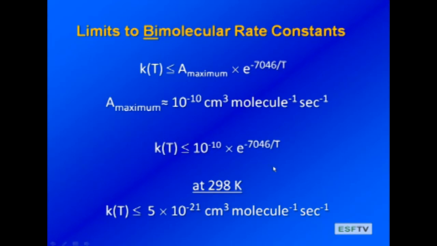So, if we want an upper limit to a rate constant for a bimolecular reaction, say the rate constant is less than some maximum value of this Arrhenius pre-exponential factor, multiplied by e to the minus this lower limit to the activation energy that we calculated on the previous page, 7,046 Kelvin times R. Now, there's an exercise in class where you'll get an estimate of the maximum value of the Arrhenius pre-exponential term.